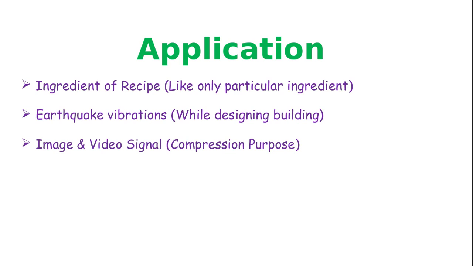Image and video signals will be helpful for compression purposes. Suppose we have an image or video signal which is very huge in size in uncompressed format. Once we apply the Fourier transform or any similar transform on top of it, we'll come to know that some components are very high in a particular frequency range, and some are not. So we can discard those signals which are not very visible or audible to us and not useful, while preserving the actual information.